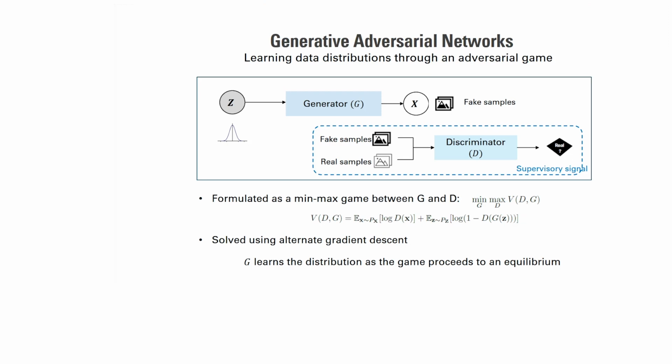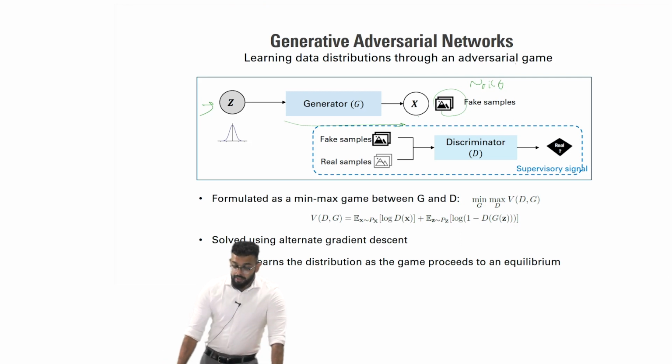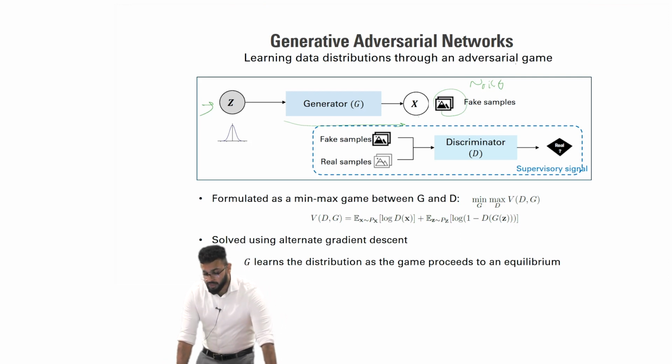So I sample something from my latent space Z, and I use a model to transform it to my data space. But those data can be very noisy. Initially when you learn, this can be just random noise, and I need some way of supervision to train this model. Where do I get the supervision from?